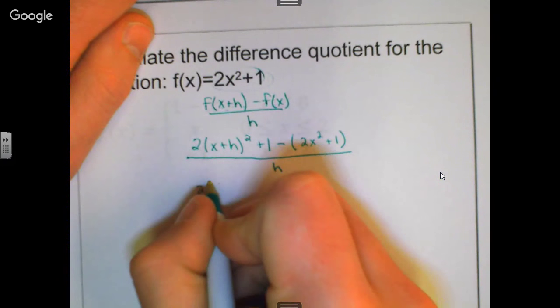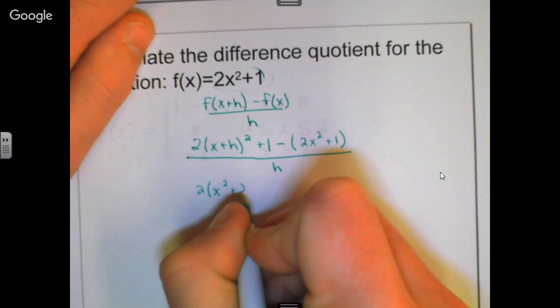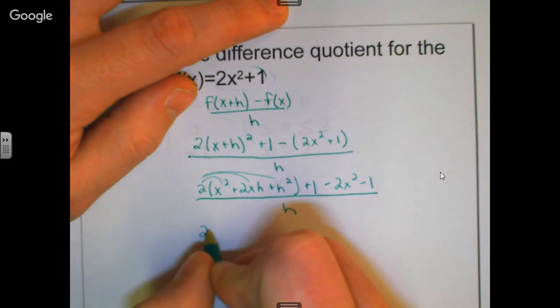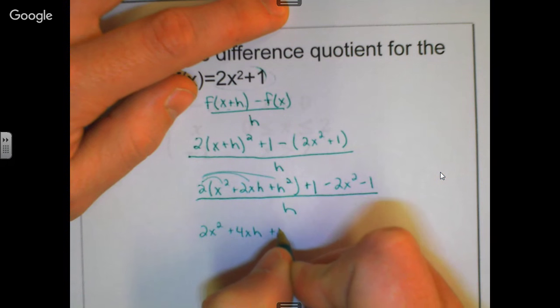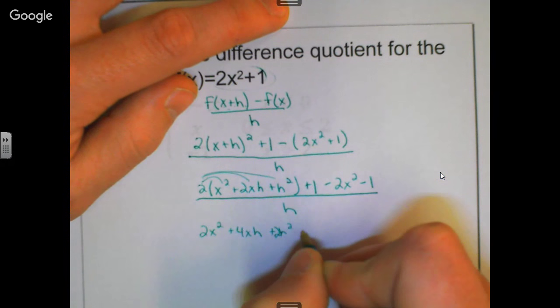So then I'll FOIL this. I have 2 times (x squared plus 2xh plus h squared) plus 1. Again, that's square the first, multiply them together, square the last. Minus 2x squared minus 1, over h. Then we'll distribute my 2, and get 2x squared plus 4xh plus 2h squared plus 1 minus 2x squared minus 1, all over h.